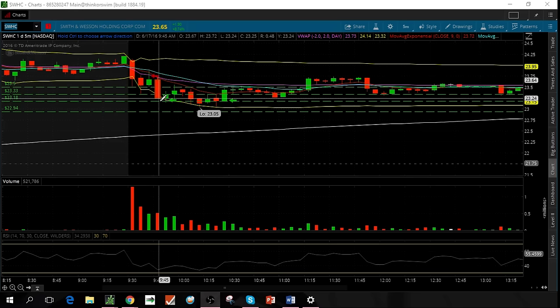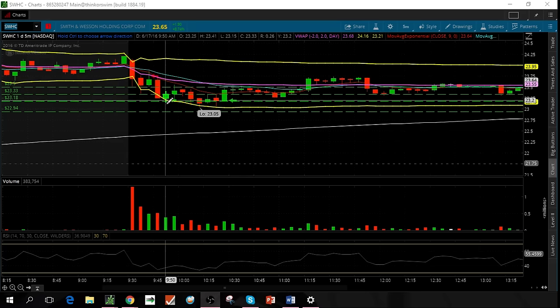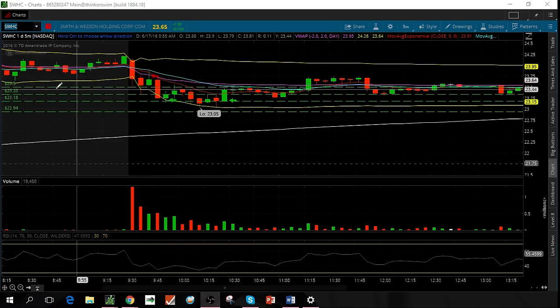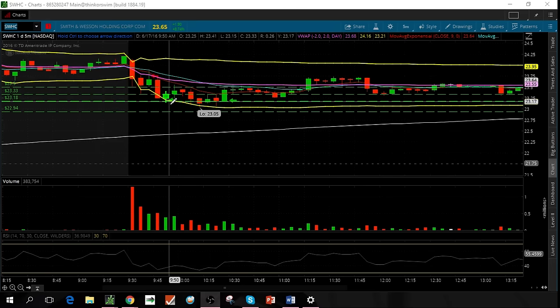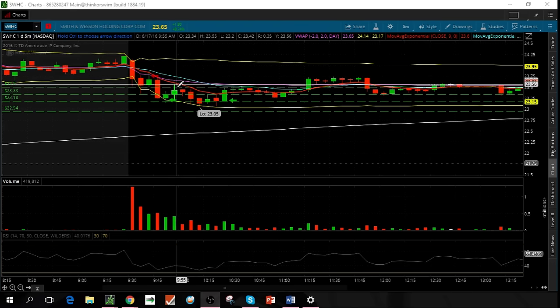But this closed here, this candle opened and it sold off. I had an order sitting here at 23.20, just a couple of cents above 23.18, and got filled there. So I took half off right here at 23.20, and I let it go back and test the 9.